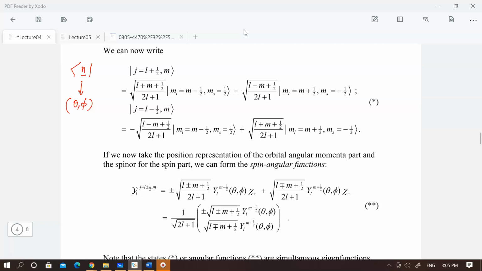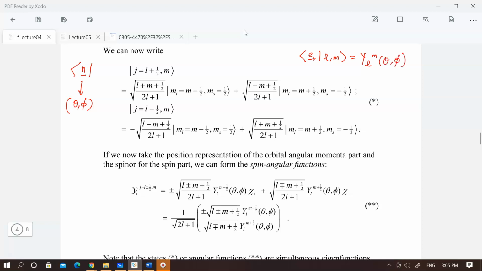In the first place, if you remember your L, M orbital angular momentum, if you take the position representation, this is just your spherical harmonics function, which depends on theta and phi.